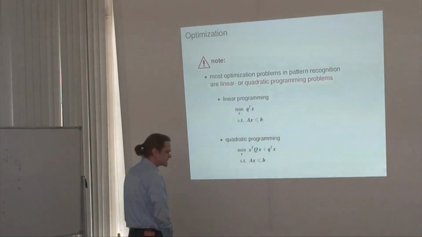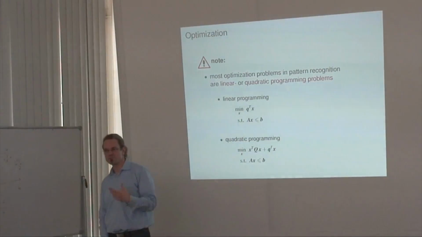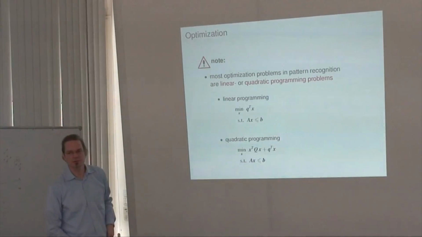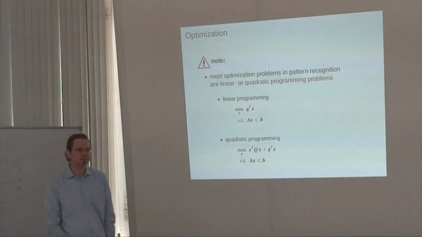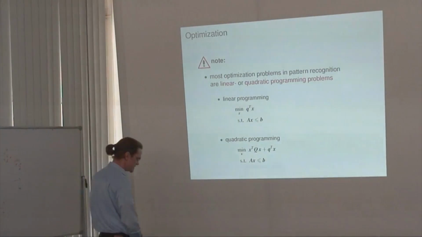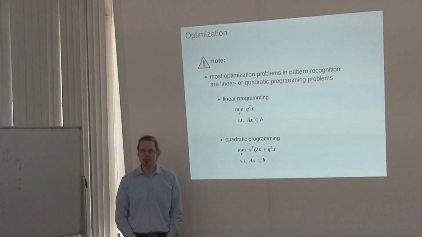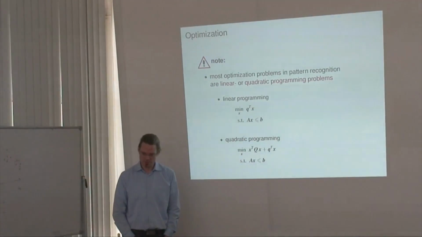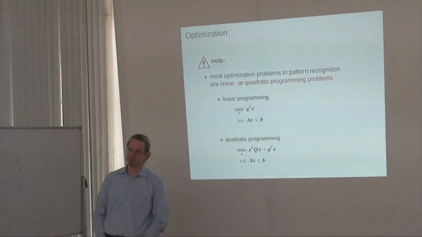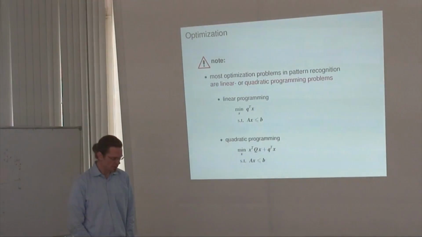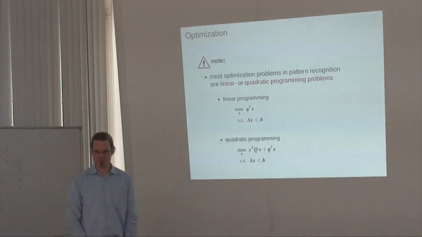And now that we have seen these matrix-vector formulations of inequality constraints, I can point out that in pattern recognition and machine learning, many, if not most, of the problems we are dealing with when we do parameter estimation from data come in the form of linear or quadratic programming problems.